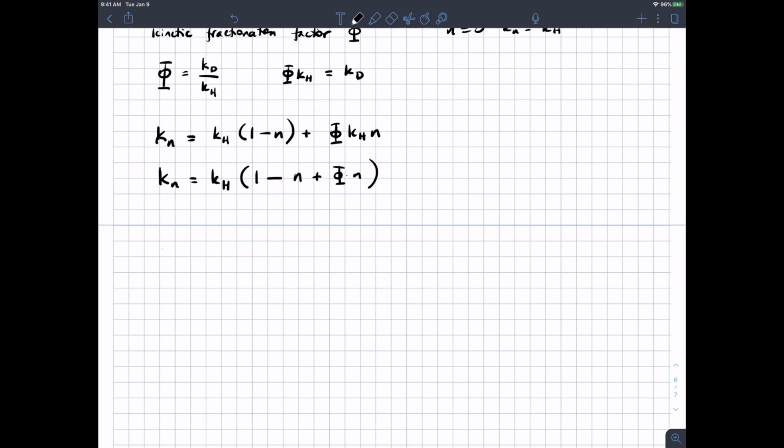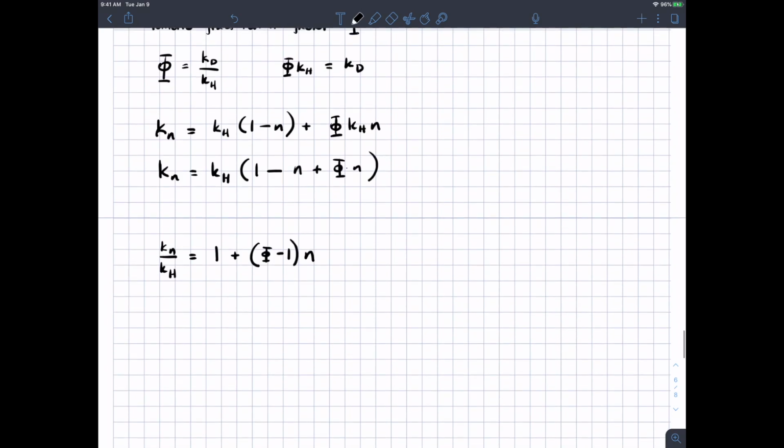And then I can divide Kn by Kh, and that gives me 1 plus capital phi minus 1 times n.